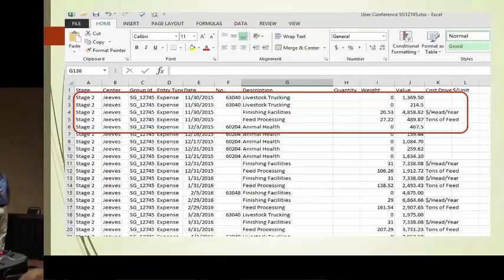On 11/30, there's nothing. We've got the two we already identified, and we've got some trucking costs that got whipped. So what that's telling us is that the cost allocation is allocating costs to that group of pigs, but it's not being whipped at all. So we have to go check and find out on our bridge whether this is whipping properly.